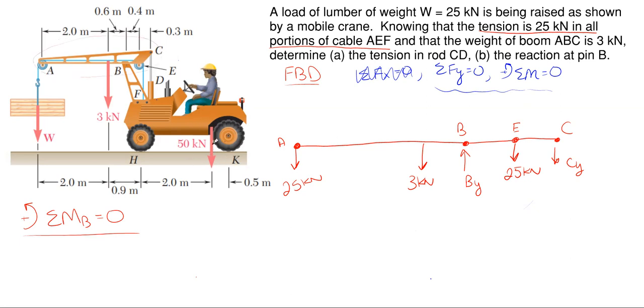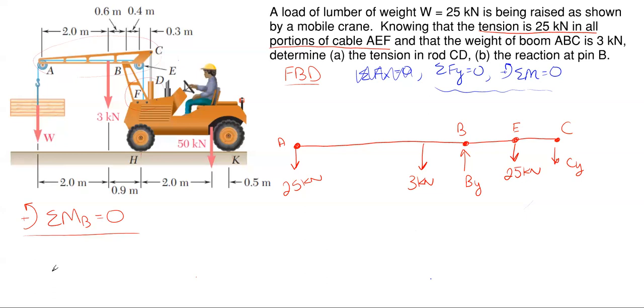This 50 kilonewtons will come into play if I was looking at something attached down here, like point E or point F or point D, or if I was looking at the overall reaction of the wheels at H or K. Since I'm only looking at a portion of the member, I can just isolate that portion out. All the forces that are causing reactions up here are on that portion itself.